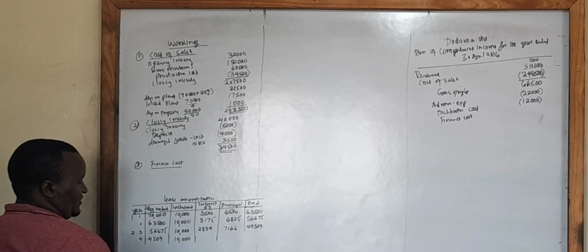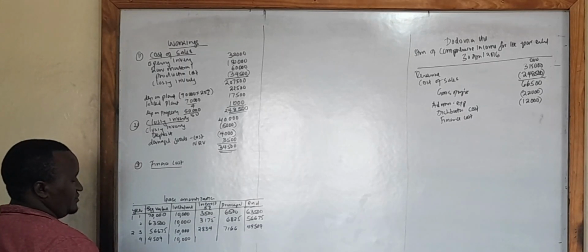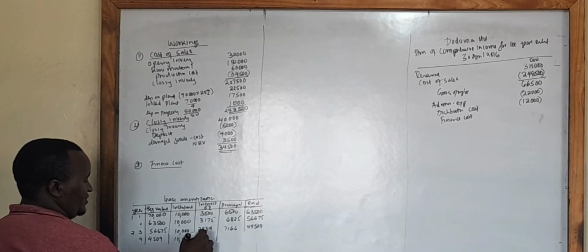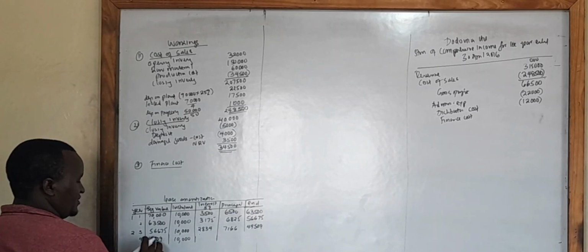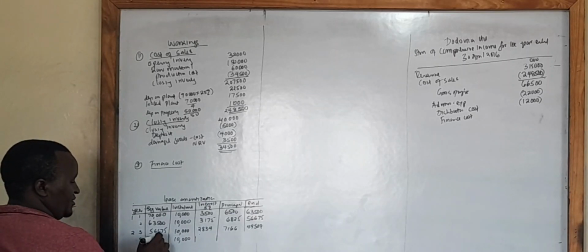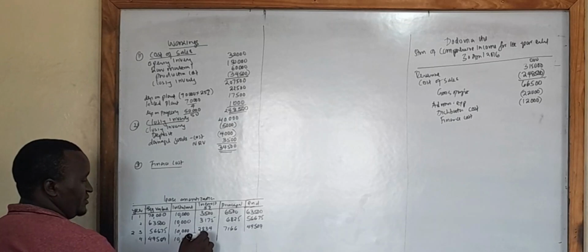Here is 10,000. 5% of it. So just 49,509.